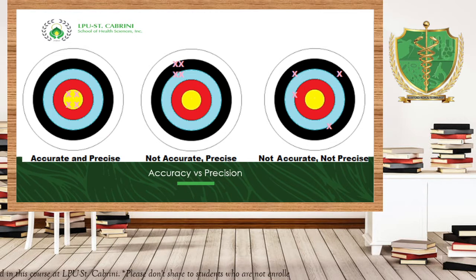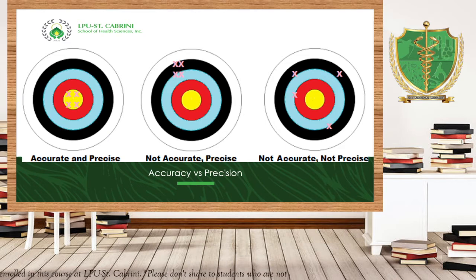Precise because all of the test results are close to one another. Should we say that that is 1, 1.1, 1.2, or 1.1? Okay? The second illustration at the middle shows not accurate but precise.